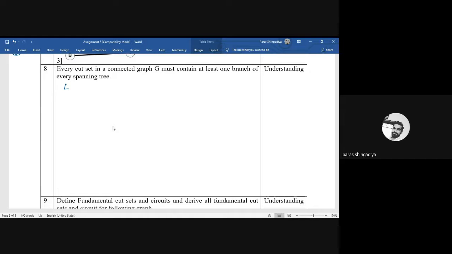That is a concept of unit number 4. So what is the meaning of a spanning tree? Let us consider one graph G. You can consider any other graph of interest.